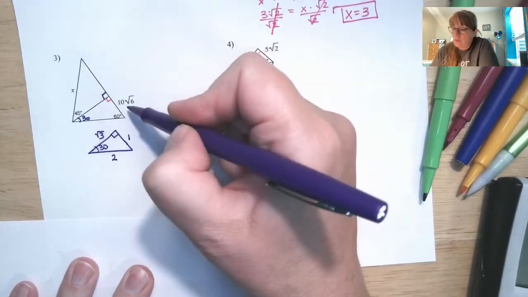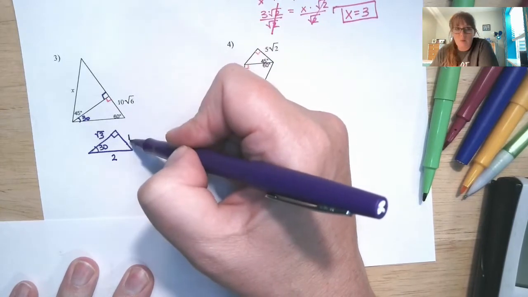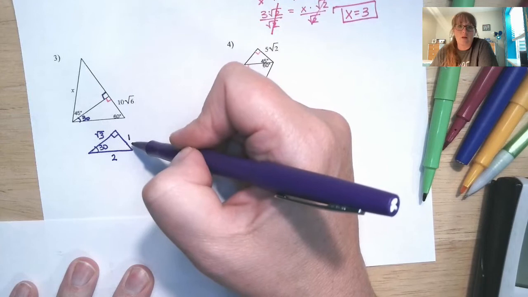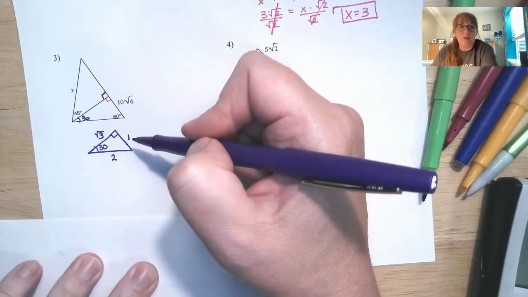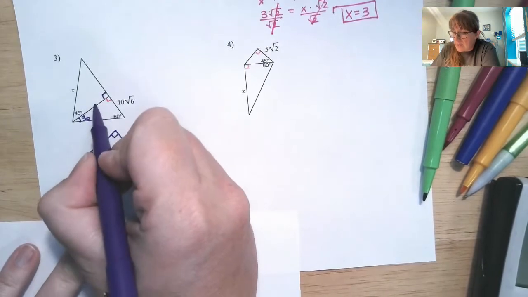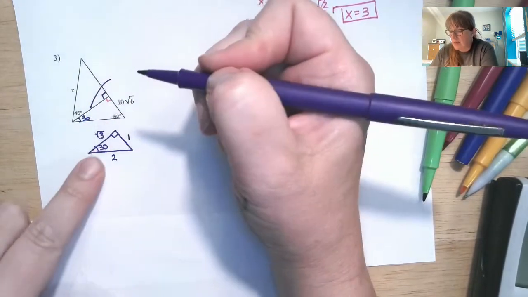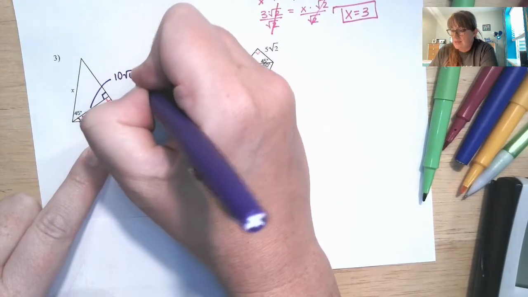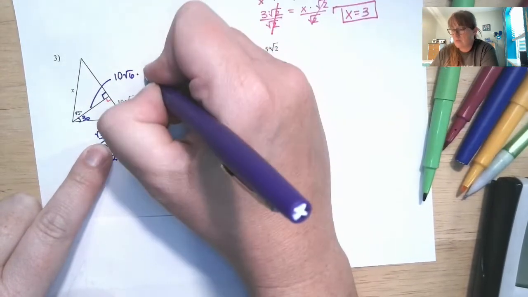Okay, so look at this. 10 root 6 and 1. This length is 10 root 6 bigger than 1. So we can say that this side is going to be our scale factor, which is 10 root 6, times our reference, which is root 3.